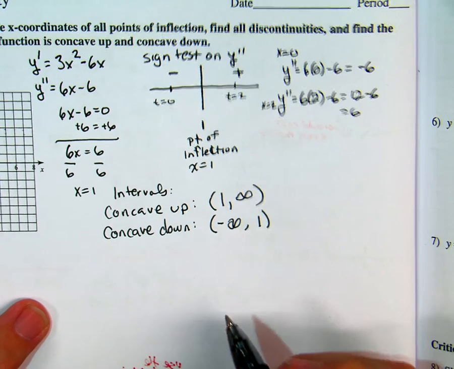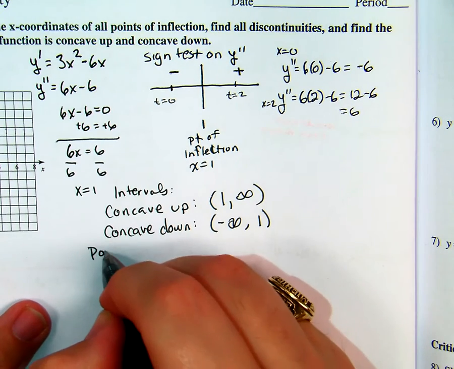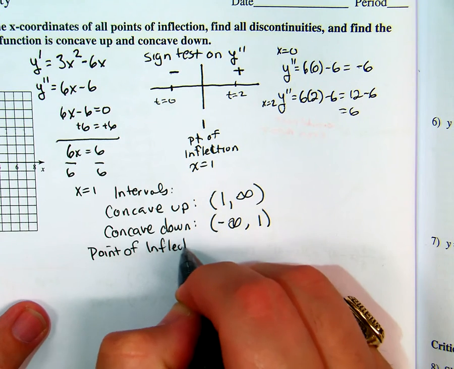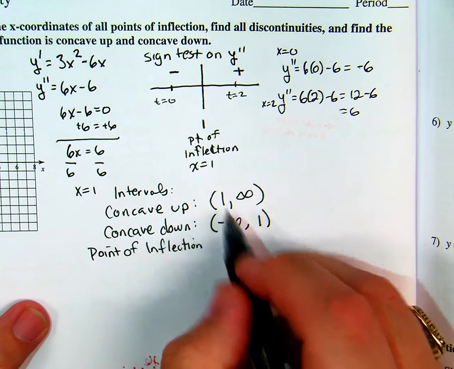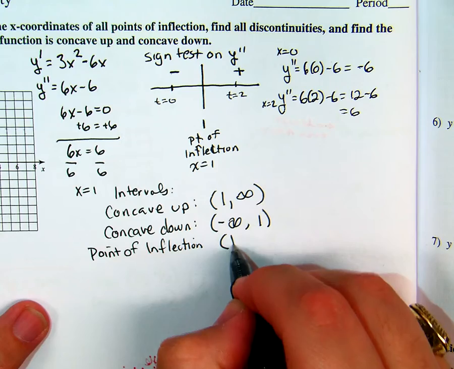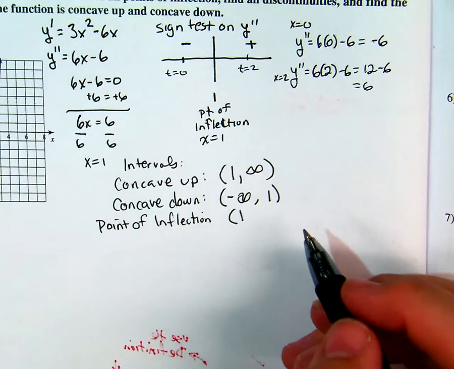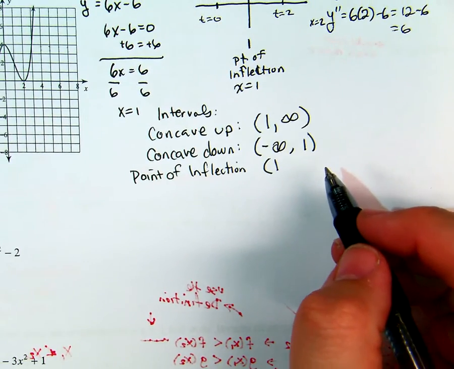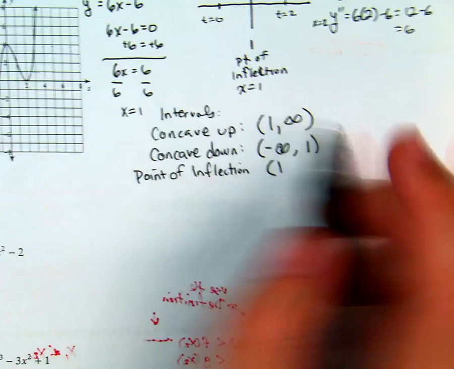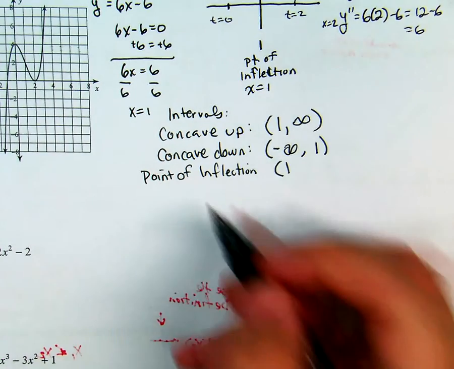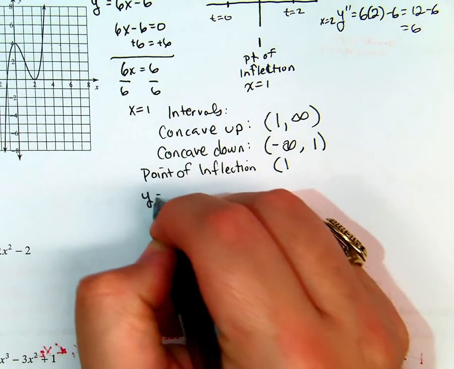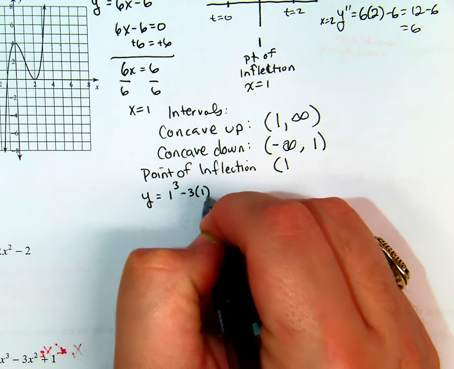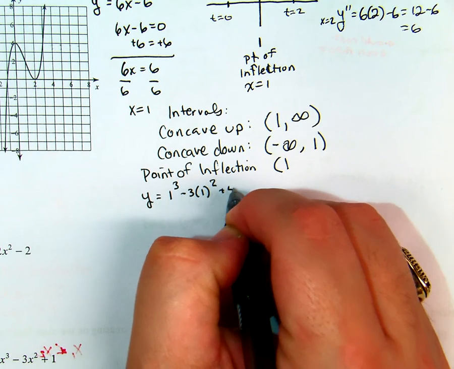Now, for the point of inflection, I know it's at x equals 1, but what's my y value? How can I figure out my y value? Plug it into the original function, absolutely. So I would go y is equal to 1 cubed minus 3 times 1 squared plus 4.